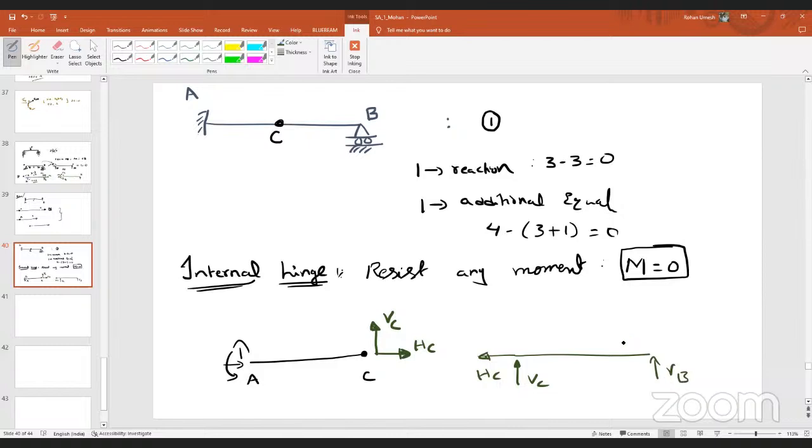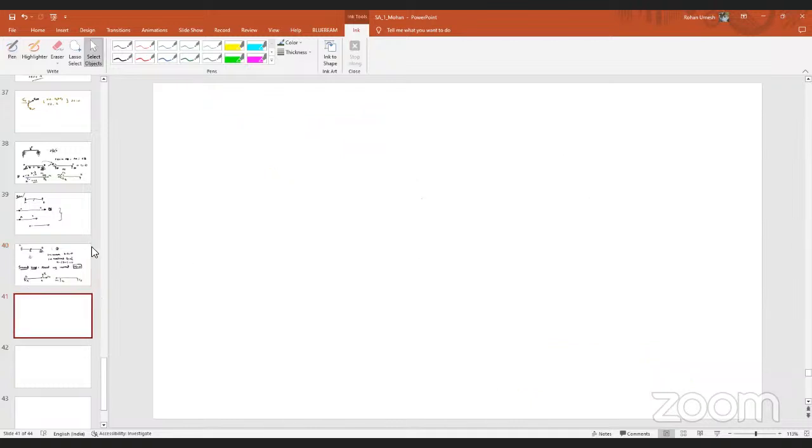Yes, sir. Now, before going to explain the determinacy or indeterminacy, first of all, I want to give you a small task. This is the internal hinge. Here the reaction I am getting is 20. Here the reaction I am getting is 20.